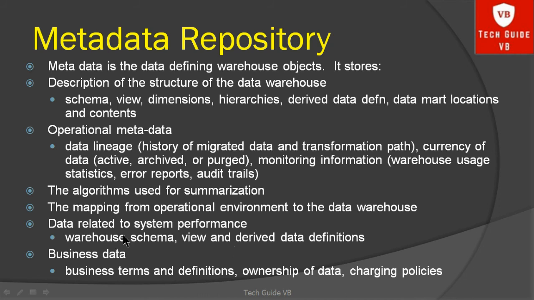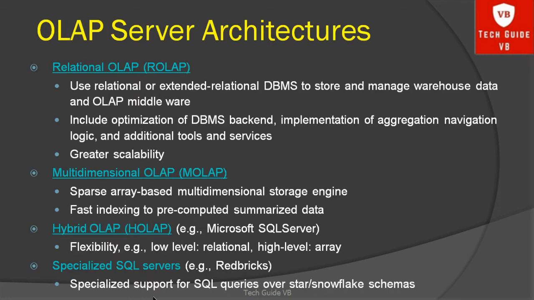We are also storing the business data in the metadata repository: business terms and definitions, ownership of the data, and charging policies. So it is a very important repository for the data warehouse, that is the metadata repository.